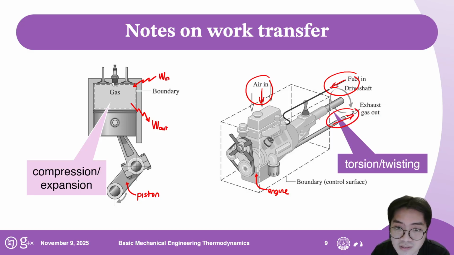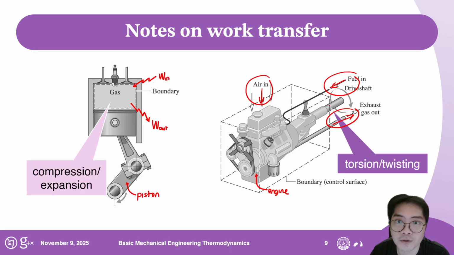The thing about this is that the engine block itself, unless, I don't know, it explodes, is not experiencing any kind of expansion or compression. If anything, you only know that work has been done by the system because this drive shaft is spinning.